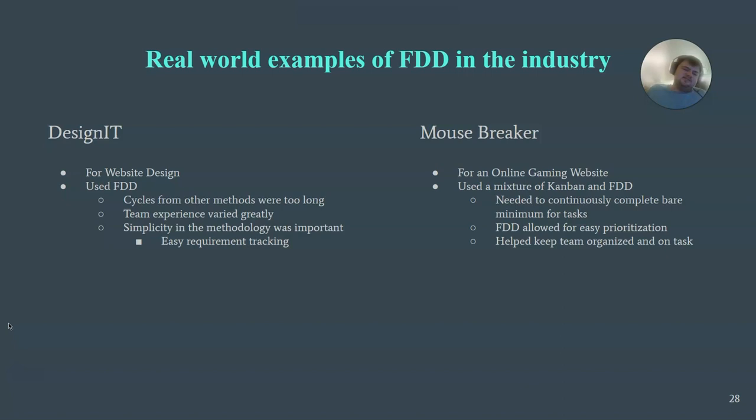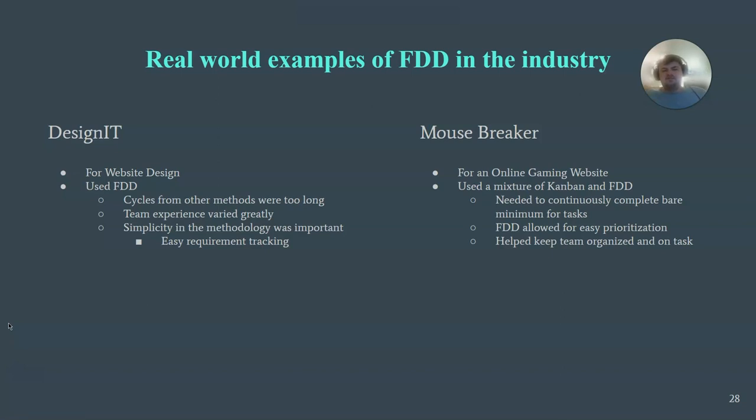So it was very easy to organize the work between different individuals. Lastly, feature-driven development allowed for very easy requirement tracking among the different features, so it was easy to tell how far along the project was.